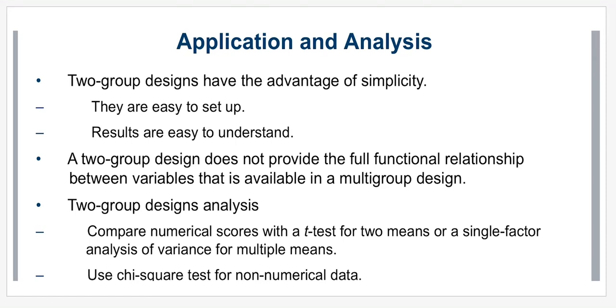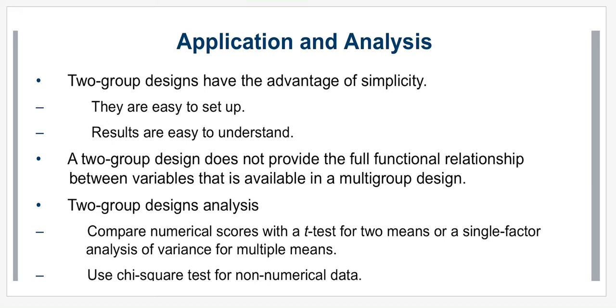And so it just depends on what you're studying as far as which choice you go with. For two groups, the design analysis, if you're comparing numerical scores, it's going to be with a t-test if there's two means, or a single factor analysis of variance, or ANOVA. Again, single factor because there's only one independent variable.